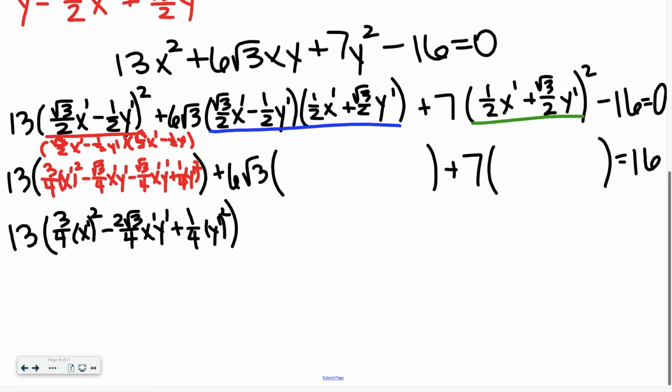The last one: 1/4 x prime squared plus 2 radical 3/4 x prime y prime.